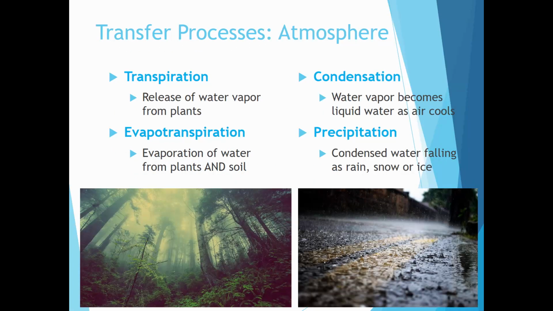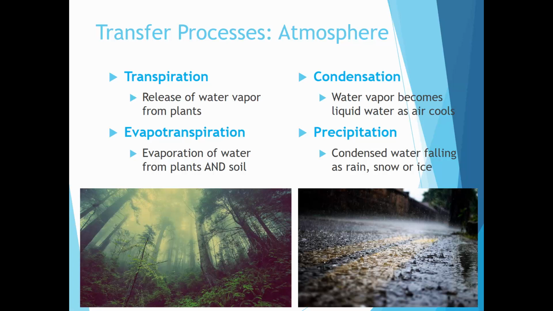So let's talk about some more of these atmosphere transfer processes. So we talked about evaporation, but there's some more subtle terms. So transpiration is the release of water vapor from plants. So it's just like evaporation, but instead of the water vapor coming off the surface of a lake or the ocean, for example, it's coming out of plant leaves as they cool themselves off.